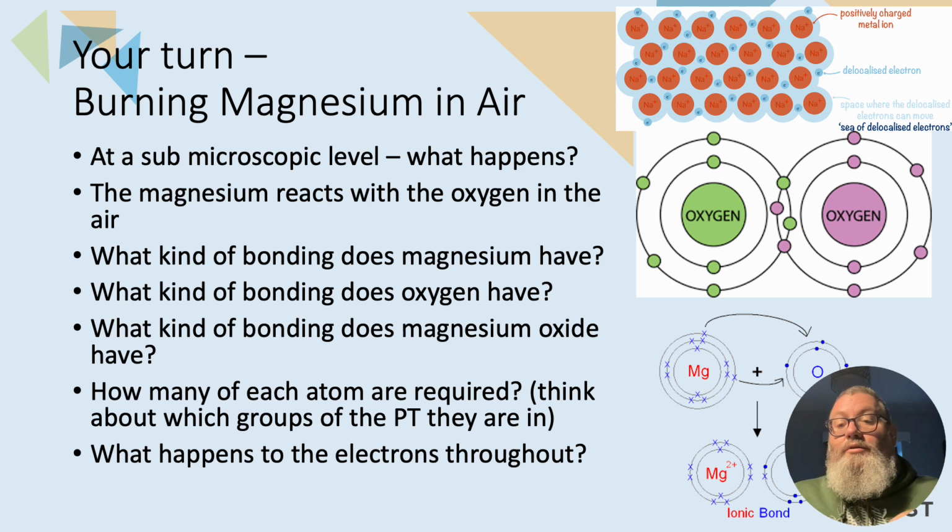Oxygen's gained electrons, so it becomes negative 2. The electrons move from the metallic sea of electrons and the covalent shared electrons, and everything's split up as we add the energy, and then it comes back together and releases energy in the ionic form.